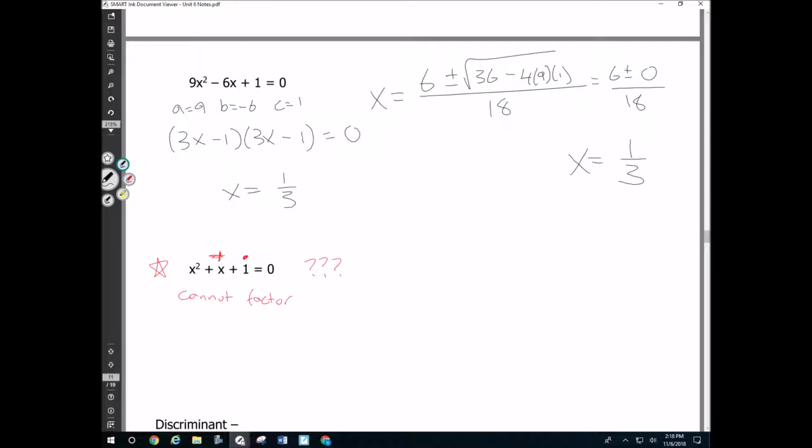However, let's look at the next one. The next one, I couldn't factor. It's impossible. But let's see if there are solutions. Maybe it's a situation where we just get crazy decimals, and sometimes that happens. So A is 1, B is 1, C is 1.